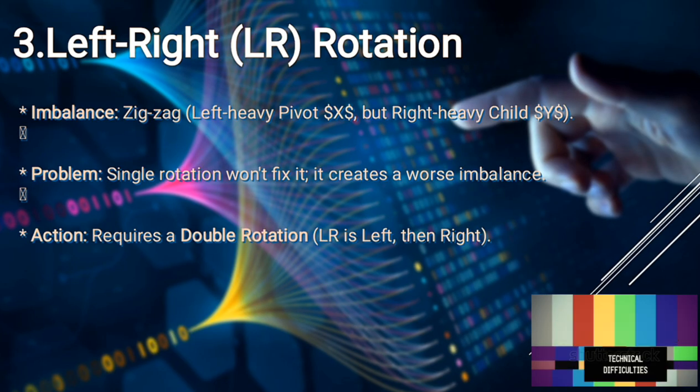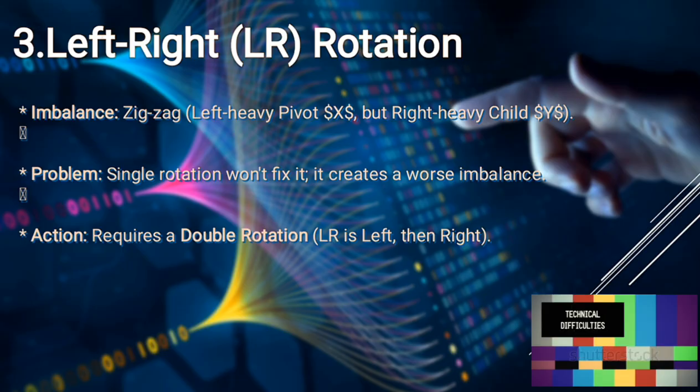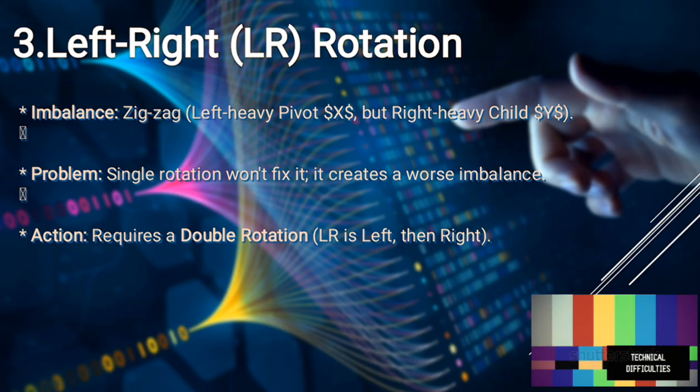Let's talk about the third rotation, the left-right rotation. Now for the dog leg cases, starting with the left-right rotation. The pivot is left heavy, BF of +2, but its left child is right heavy. So we have a zigzag pattern.